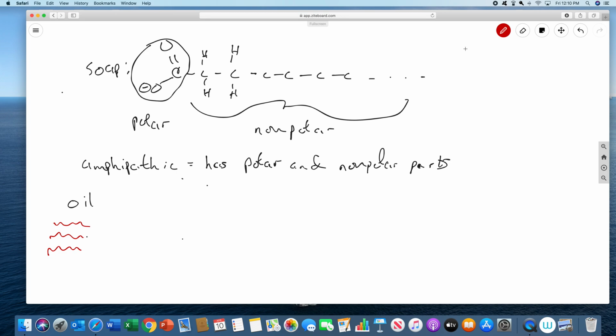And if we take a soap, let's say the soap looks like this, where this represents the polar part up here and this is the tail. All right, and remember, the oil doesn't dissolve in water. So if we do the oil, what we'll get is this.